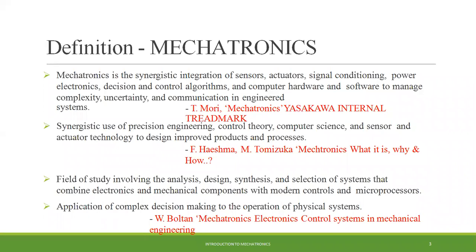The definition given by Bolton was, it's a field of study involving the analysis, design, synthesis, and selection of systems that combine electronics and mechanical components with modern controls and microprocessors. Here we have to notice the interconnectivity between the interdepartmental components. Here, look at this: analysis, design, and synthesis.